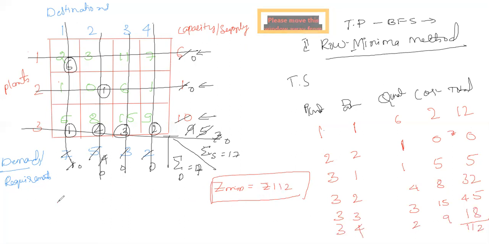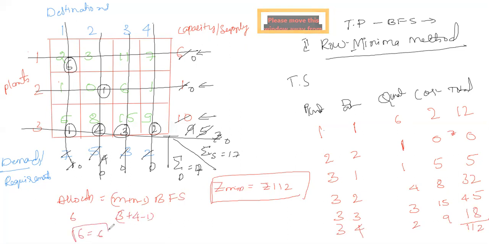And we need to check whether the obtained basic feasible solution is degenerate or non-degenerate. The number of allocations is 1, 2, 3, 4, 5, 6, so allocations is 6. And m plus n minus 1: m is the number of plants, 1, 2, 3, and n is the destinations, 4, minus 1, so again this will be equal to 6.